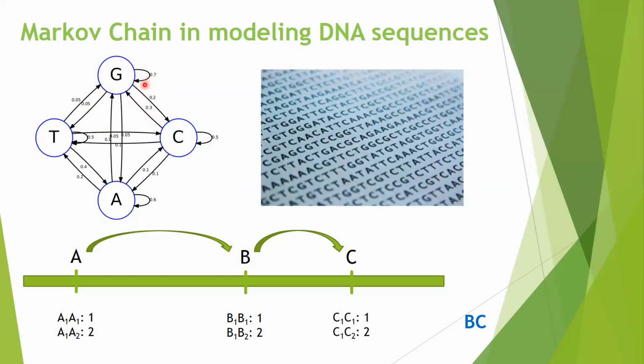Either for the next locus, the state will stay within the G state, or it can be transferred to any of the 3 other states with different probabilities. So for a Markov chain, usually you're going to see a diagram like this. You're going to see the different states, for example, 4 states here, right?